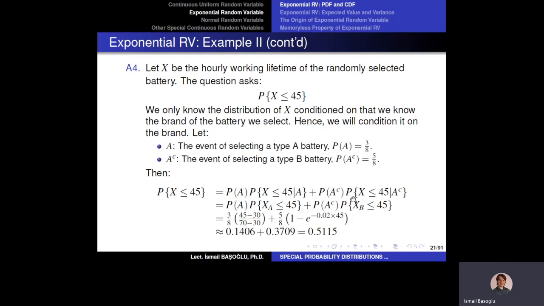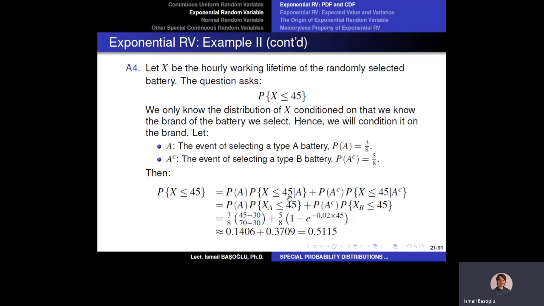Similar to that, if we are given the information that this is a type B battery, then the randomly selected battery will be distributed with the exponential distribution, which is the distribution of the lifetime of a type B battery. And here, probability A and probability A complement are already calculated, which we can write here.